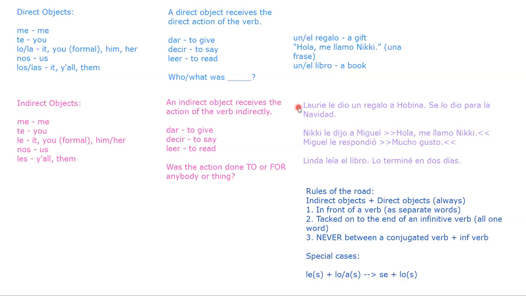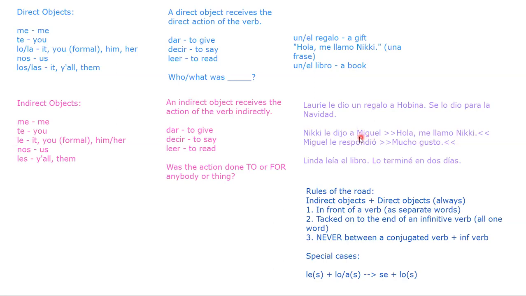Again, if you've got the meaning of it, just keep going. All right. Nikki le dijo a Miguel, hola, me llamo Nikki. Fantastico. Now, same thing going on here. Nikki said to Michael, or to Miguel, and I needed to put a Miguel because otherwise, if I just said Nikki le dijo, I wouldn't know who Nikki said something to. So I included a Miguel, so we know that Nikki said something to Miguel, but the fact that there was an indirect object and she said something to somebody else is also going to mean that I put the indirect object in that sentence.